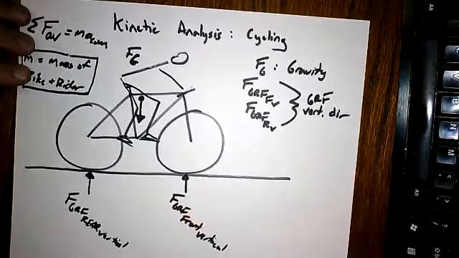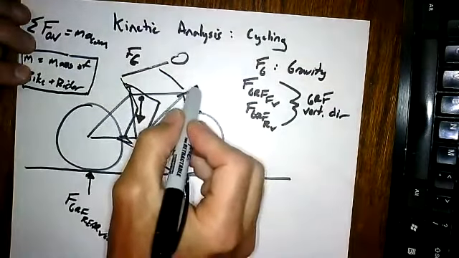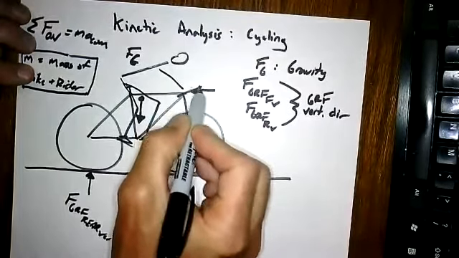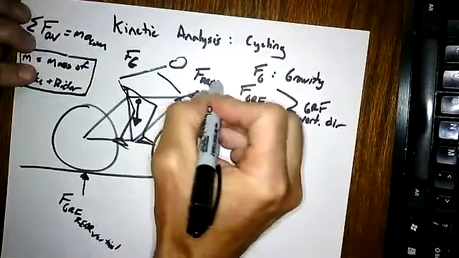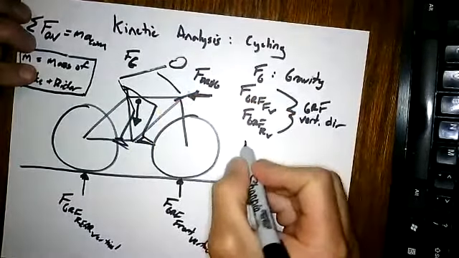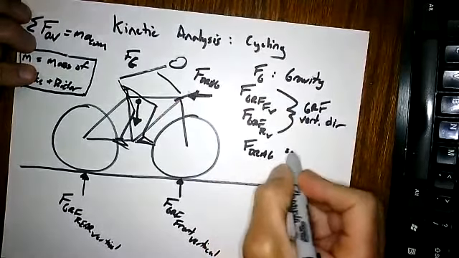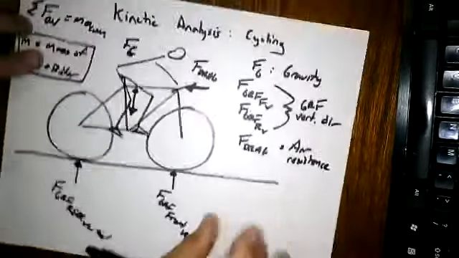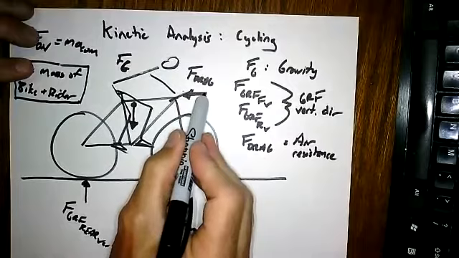All right, what other pushing or pulling is happening on the bike rider? Well, I'm going to put drag force due to air. F drag. I'm going to add that to my list: air resistance. And I've drawn this as an opposing force.